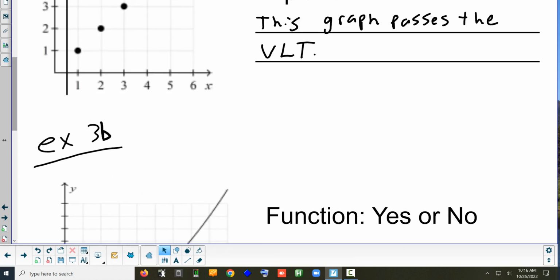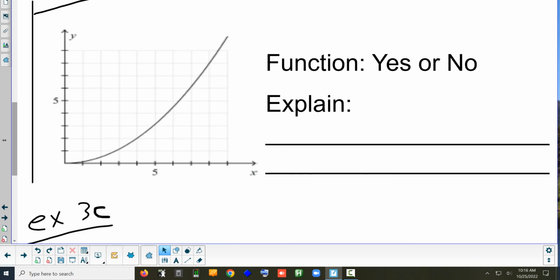Let's try this one. So I'm going to take my vertical line again. Do you guys already have this picture printed on your notes? Okay. So take your vertical line, drag it through, and you're focusing on the curve. And you want to see if it ever hits the line more than once. Okay.